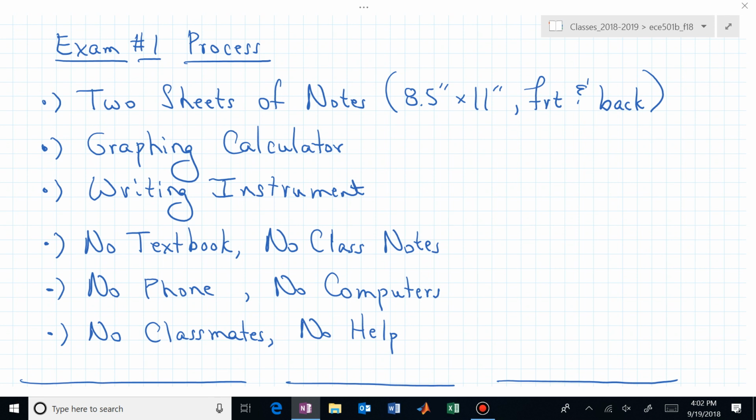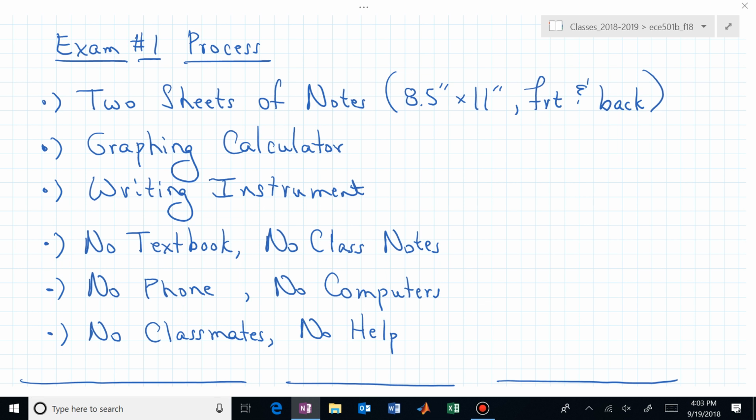Here's the process for exam number 1. You will be allowed to bring in 2 sheets of notes, 8.5 by 11, front and back, for the first exam. You can bring in a graphing calculator. I'm not sure that will do you any good, but you can have it if that helps you feel comfortable in your chair.